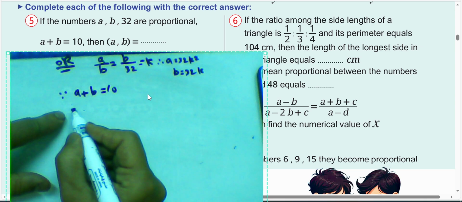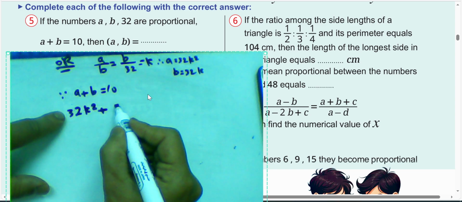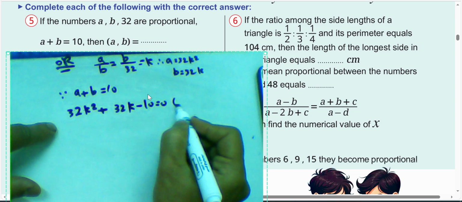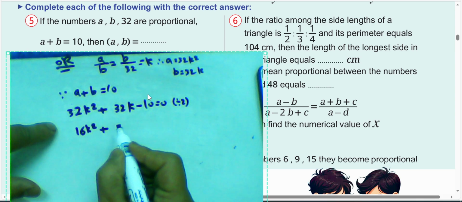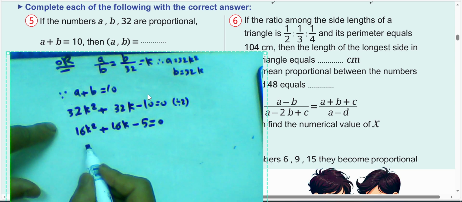The value of a equals 32k squared, and b equals 32k, so 32k squared plus 32k minus 10 equals 0. We can simplify by dividing by 2. Then 16k squared plus 16k minus 5 equals 0.